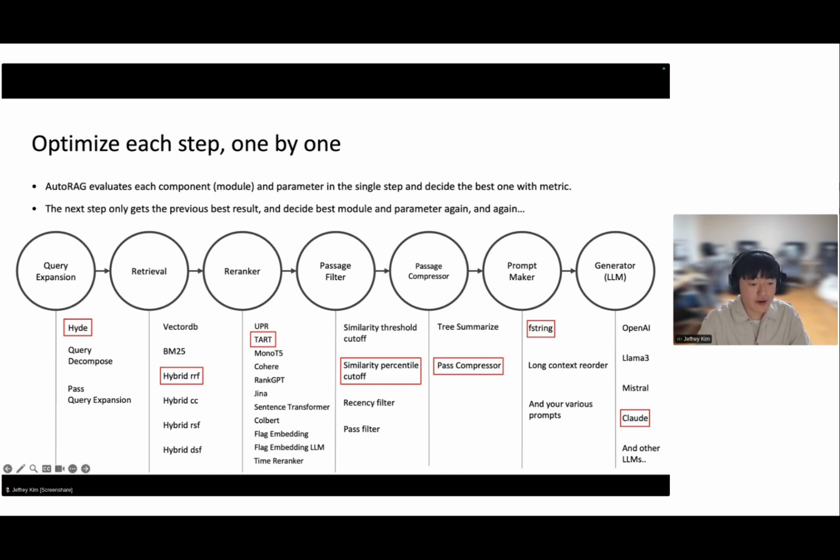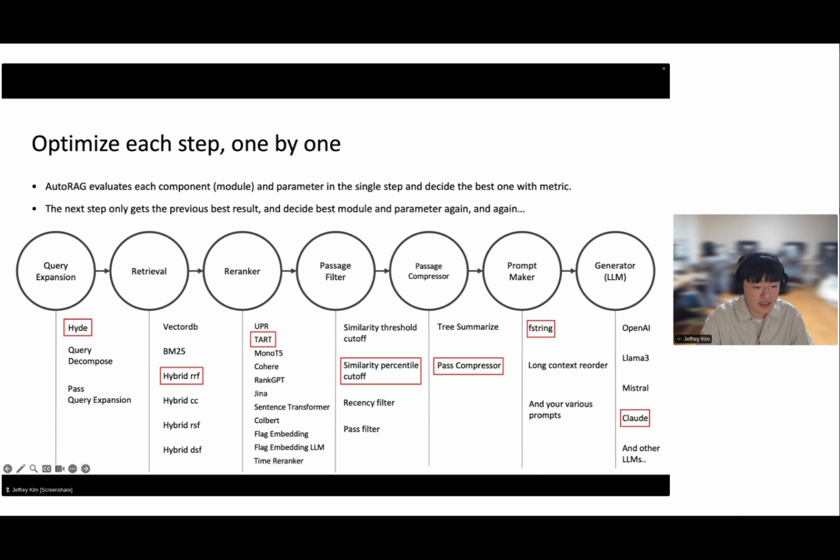So Cohere and RankGPT can be a great solution if you are looking for a multilingual re-ranker or your documents are multilingual. And there are several re-rankers out there like UPR, TART, MonoT5. These kinds of things use a BERT-based model or T5-based model, much smaller than an LLM, so they can be cheaper than RankGPT or other LLMs, except the FlagEmbedding LLM re-ranker.